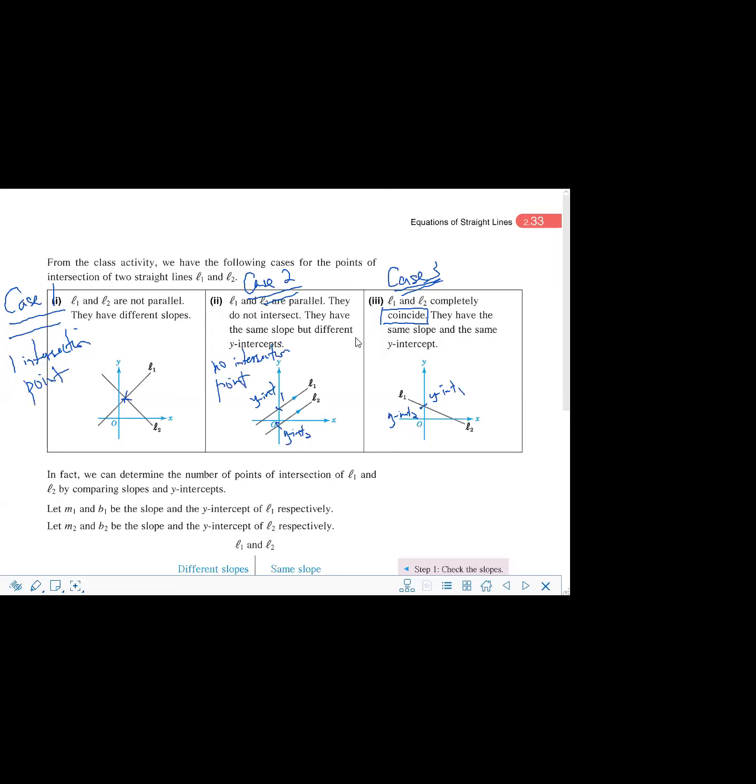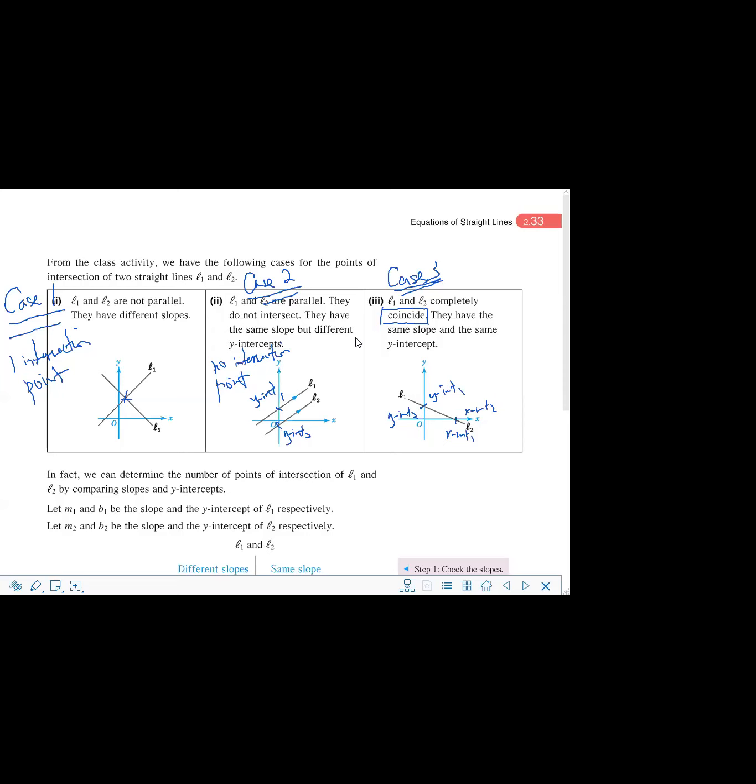And for case three, if the two lines are parallel and passing through the same y-intercept, or the x-intercepts, x int 1 and x int 2, are also the same point, then they are actually overlapping with each other.